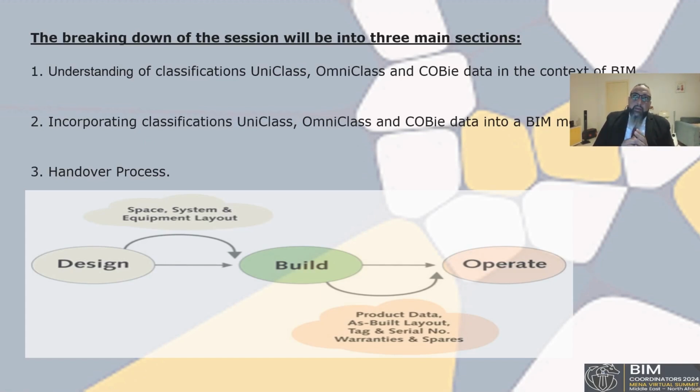We are using Revit and Civil 3D for modeling. So based on this start, we need to feed our models with this important information and the classification system, to make a breakdown for facility management and operation and maintenance by the end of the project, and hand over from consultant to the contractor.